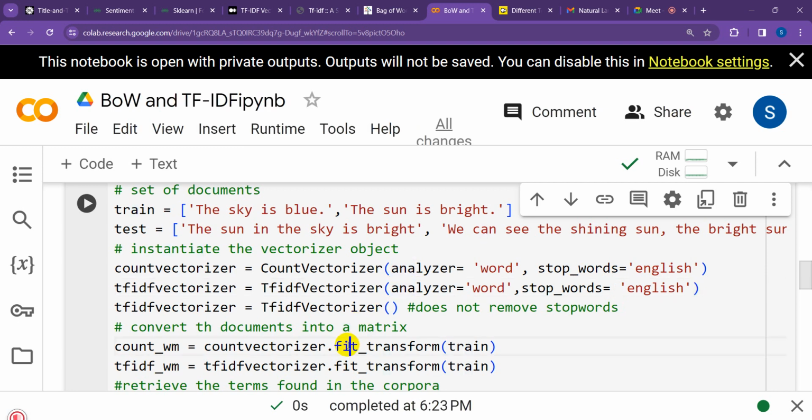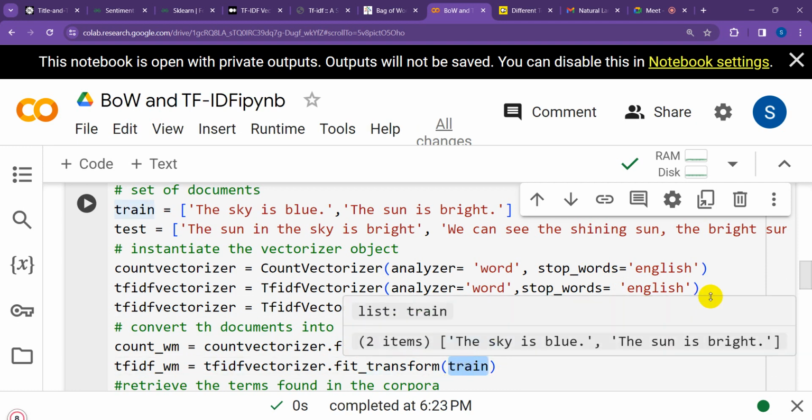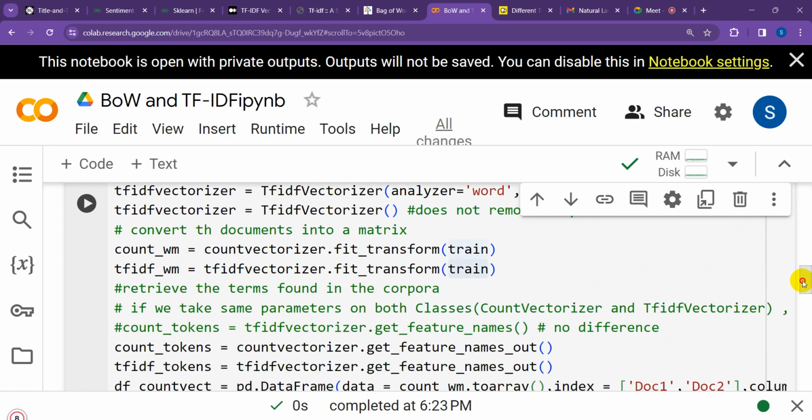Then we are doing the same thing as we did above. For the object that we created, we are doing dot fit_transform, and what we are transforming is the training set of the documents. Then, since I want to convert them into features, I am doing dot get_feature_names_out, and these are the TF-IDF tokens that I am going to get.